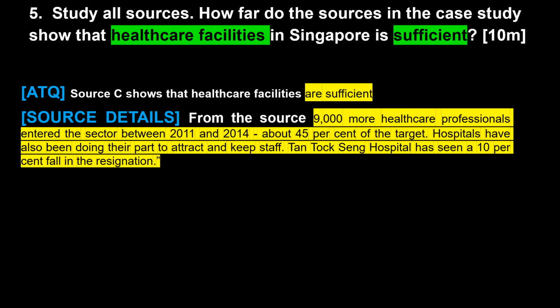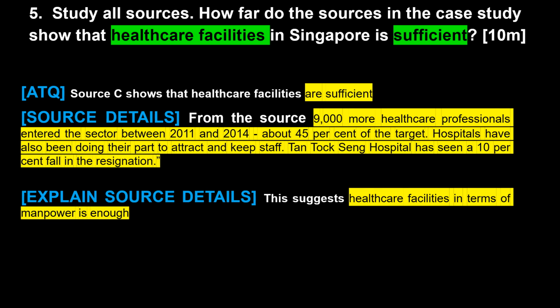In fact, the source tells you that the hospitals are doing their part. It tells you that about 9,000 more healthcare professionals are entering, which means more people working, and hospitals will not be understaffed. And when they are not understaffed, there will be a lesser wait time or queue.